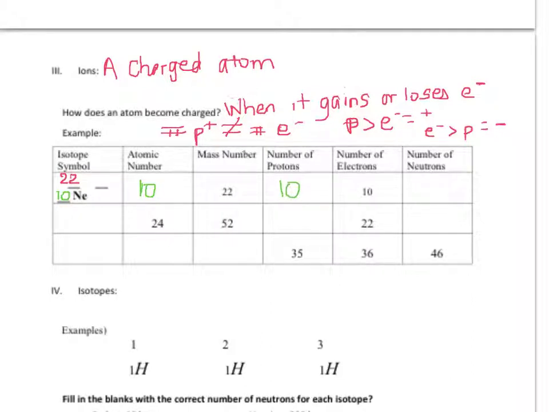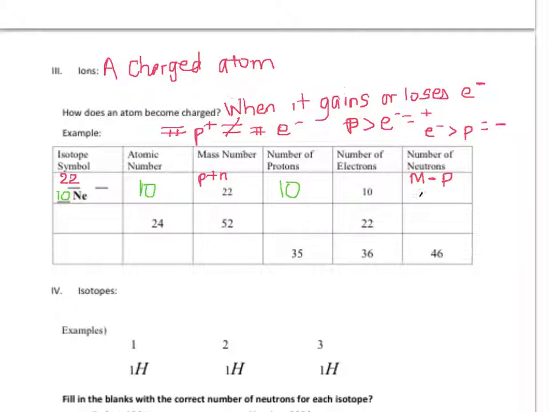Now remember that mass number. How do we calculate our mass number? Mass number is equal to protons plus neutrons, so that is P plus N. So if I want to find the number of neutrons, then I'm going to take the mass number and subtract the number of protons from it. In this case, it would be 22 minus 10.